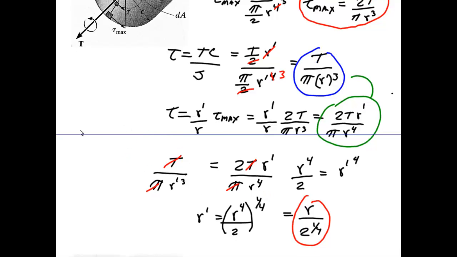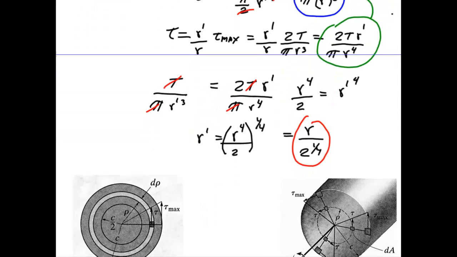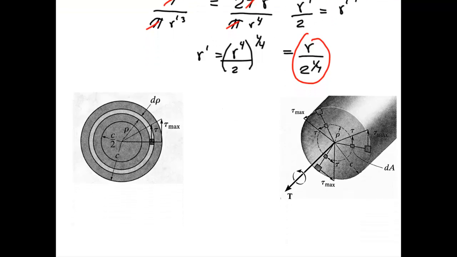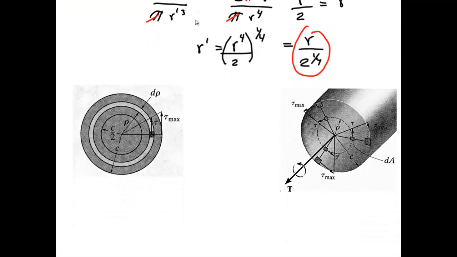Okay, the second part of this problem involves some integration, and the solution manual really, I think, does a lousy job. So we've got a lot to go over on this one. We said earlier that we can find the shear by just taking the ratio of P over C. Again, P is some distance away from the center, and C is the actual radius.